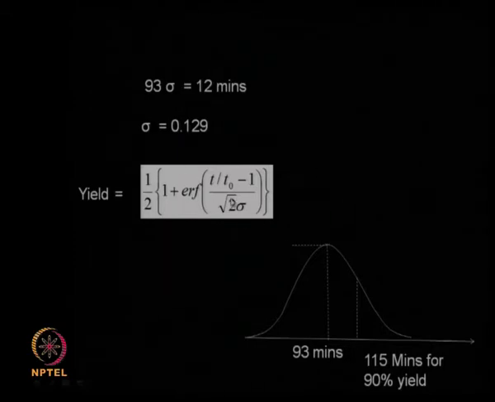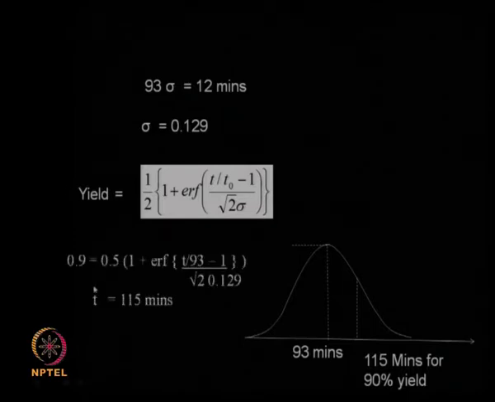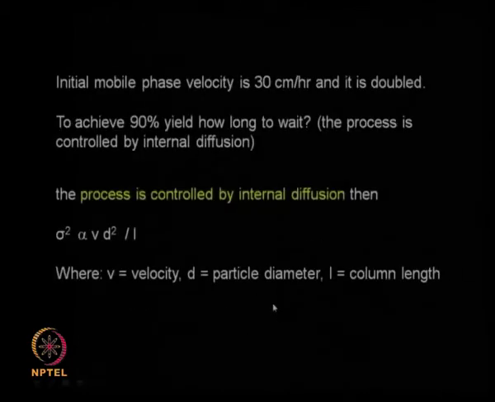So you see, this is a very important problem, especially if we are wanting to collect as much as possible of the metabolite that is present in my broth. Okay. So I use the same equation, and I have T, that is the only unknown, rest of the things are known. So T comes out to be 115 minutes.